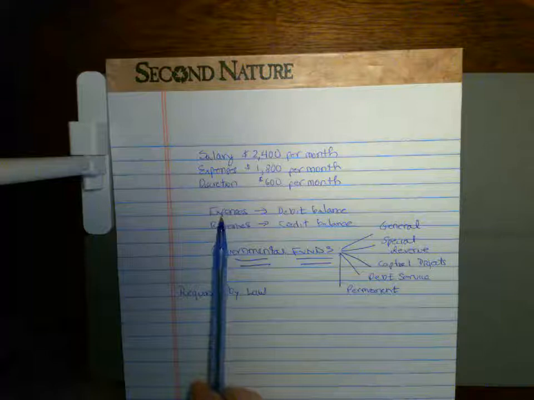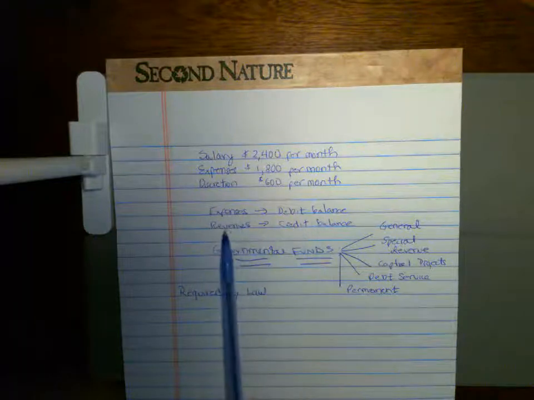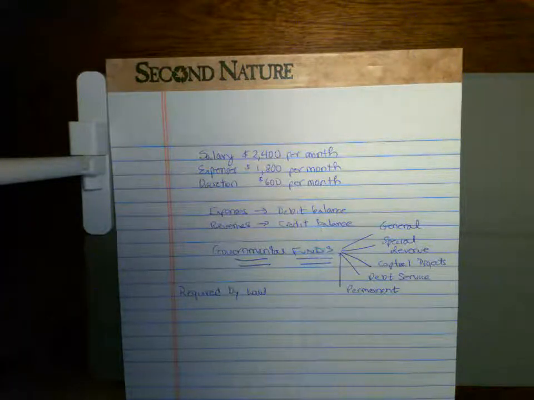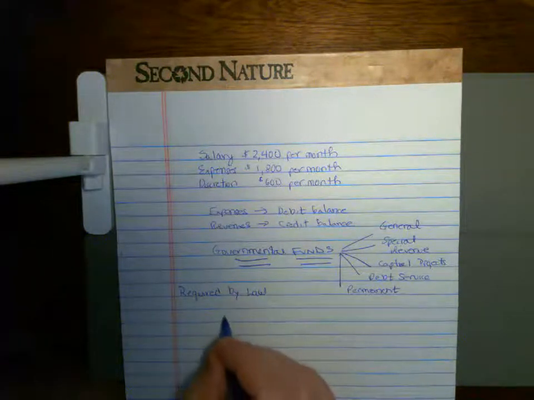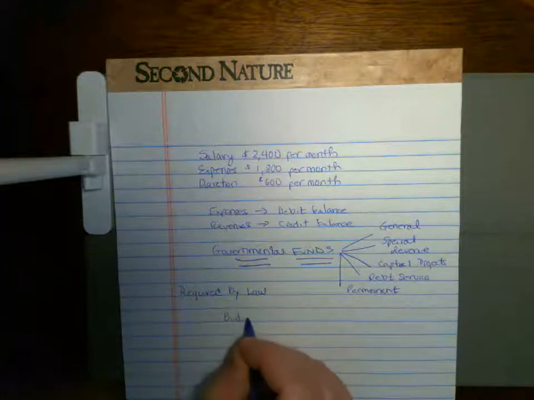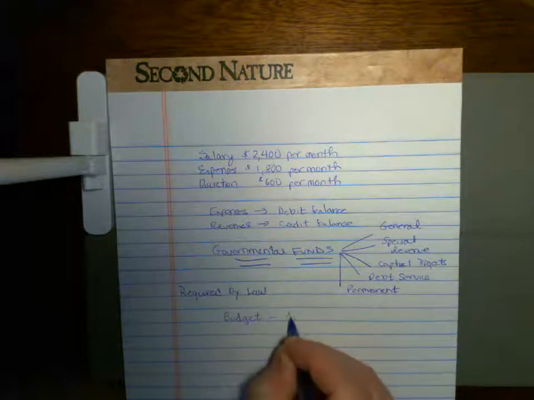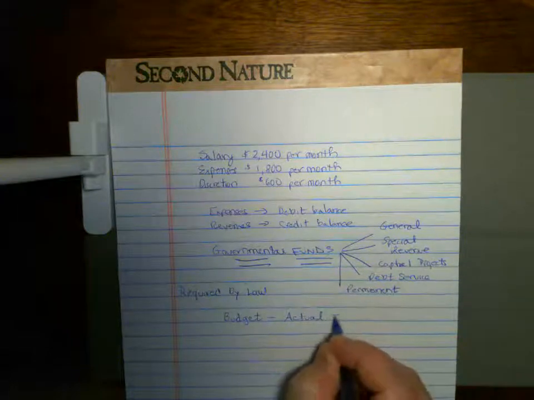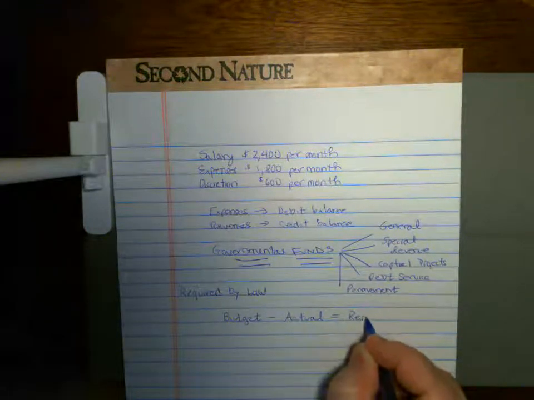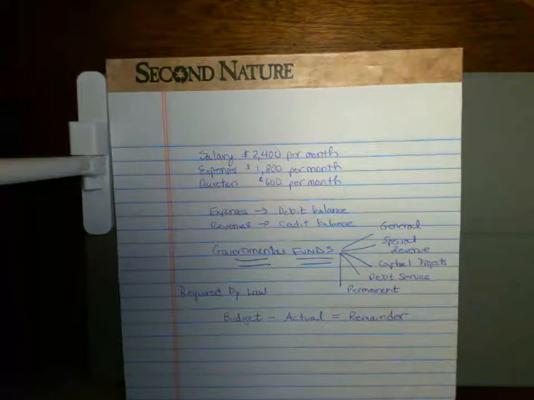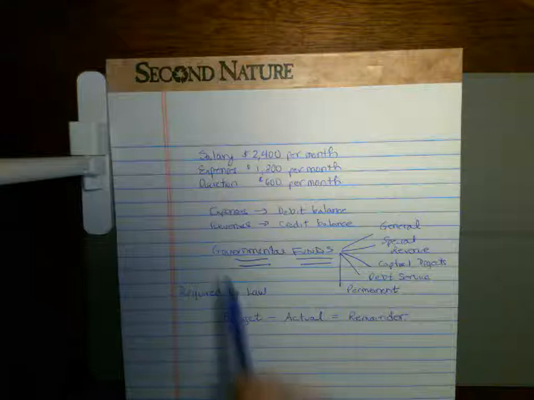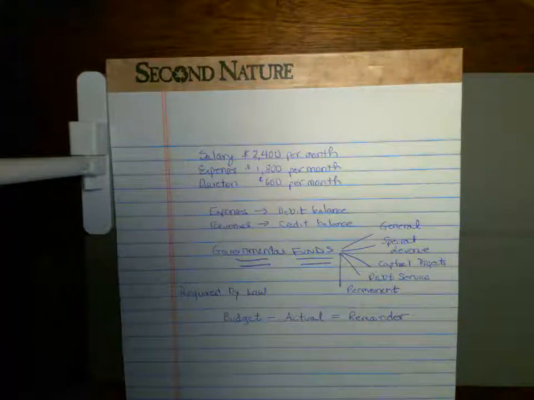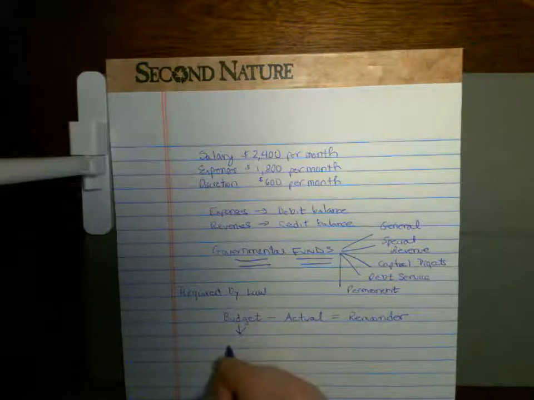Since we know that expenses have a debit balance and revenues have a credit balance, and we know that if we want to know what we have left to spend, in terms of authority, it's budget minus actual equals some remainder, whatever's left, they have to be opposite. So if the actual expenses are a debit balance, it means the budgeted expenses have to be a credit.